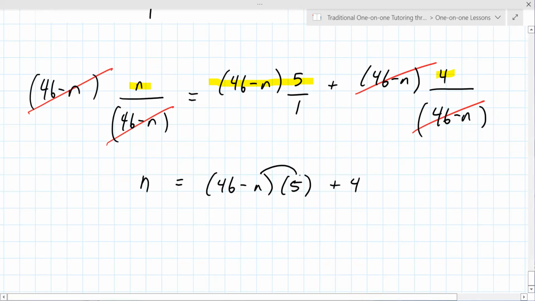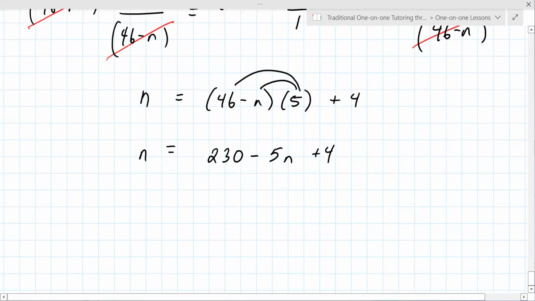We're going to distribute this 5 to both. So we have n equals 230 minus 5n plus 4. And then we move some stuff around, so we'll add 5n to both sides. That's 6n equals 234. Then, divisibility rule for 6, if you don't know this, I'll just share that with you.